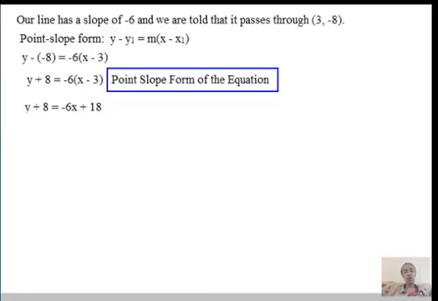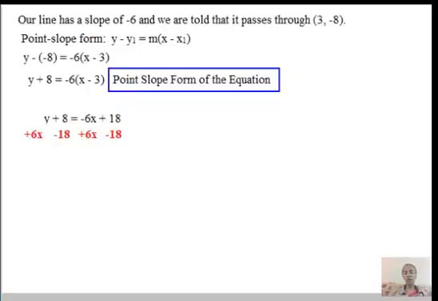And so we now need to get a 0 on one side of the equation and simplify everything else on the other side. And so I'm going to add 6x to both sides and also subtract an 18 from both sides of the equation.